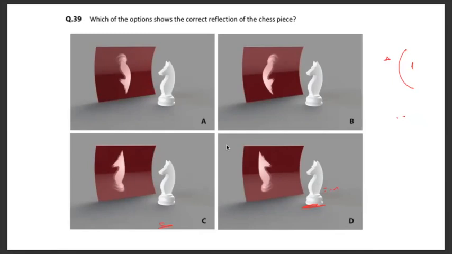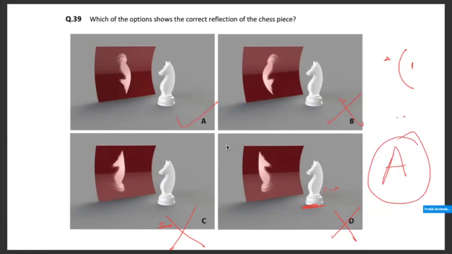In this case, clearly options D and C are wrong. Your object will be upside down. It won't be rotated, but it will be flipped vertically. So in this case, the option which is flipped, B is rotated, which means B is also wrong. The option which is flipped and inverted is option A, which is the correct reflection of the chess piece.